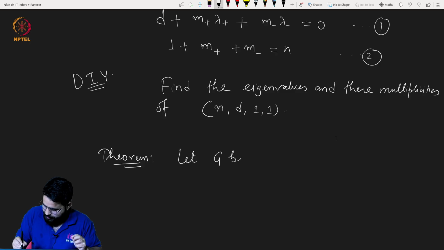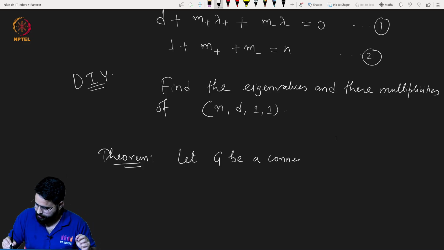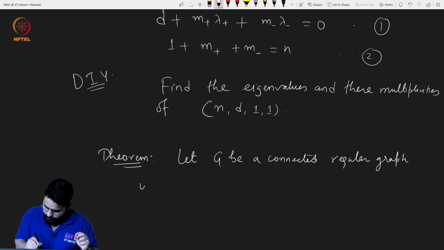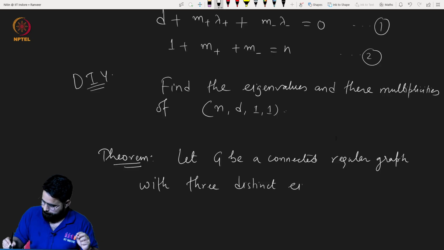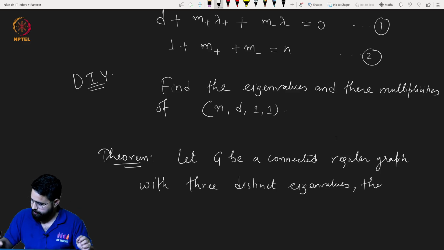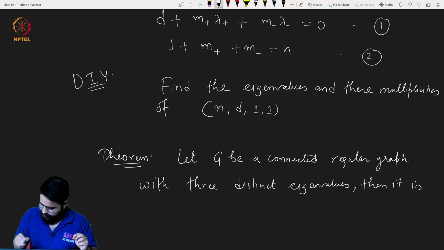Let G be a connected regular graph with three distinct eigenvalues, then it is a strongly regular graph.